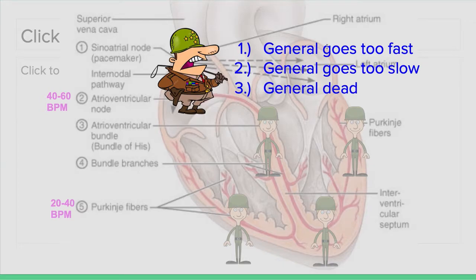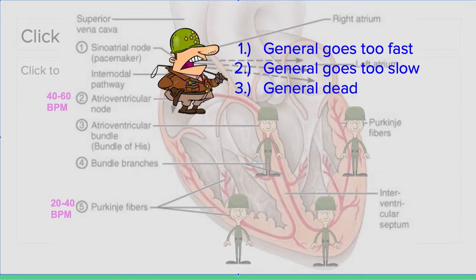For example, if the general decides that he or she wants to beat more quickly than they should. Normally the SA node should fire at 60 to 100 beats per minute when at rest. But what if it goes too fast? What if our general goes too slow? Or what if our general is damaged or dead? What are we going to do then?